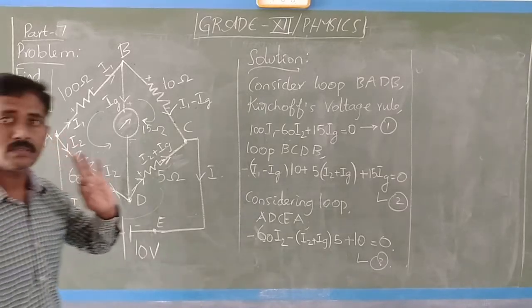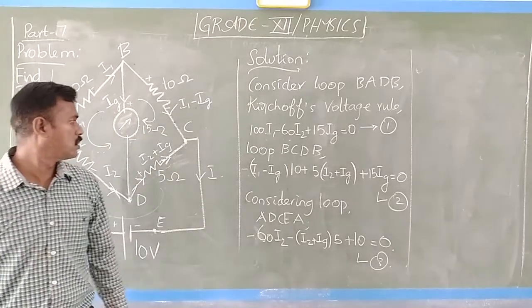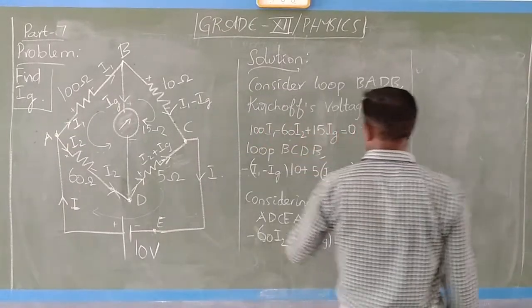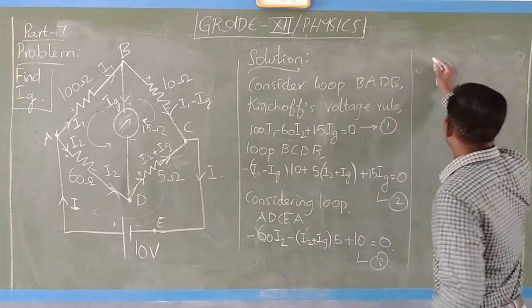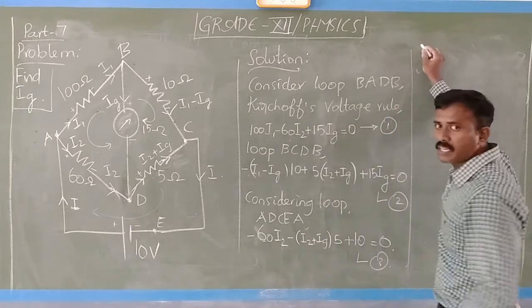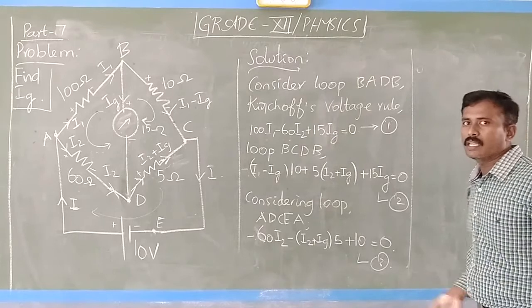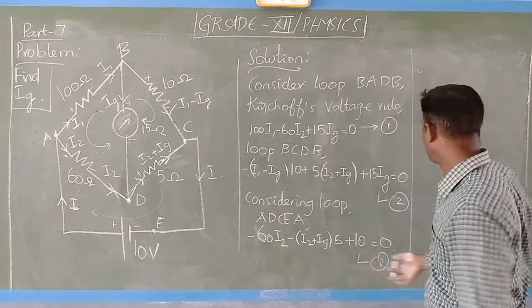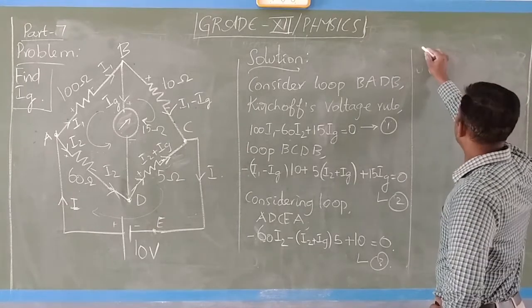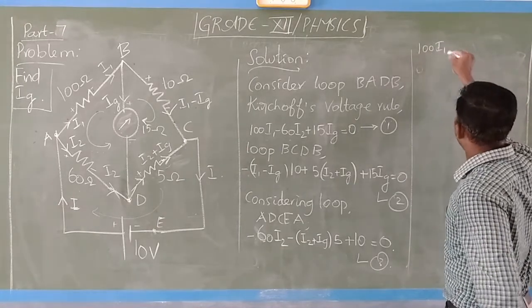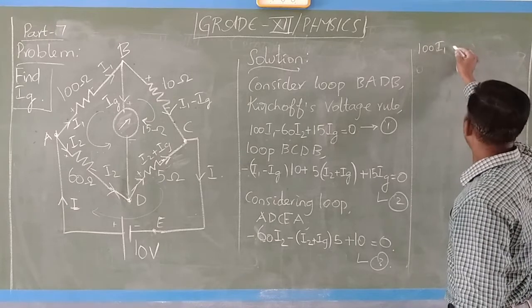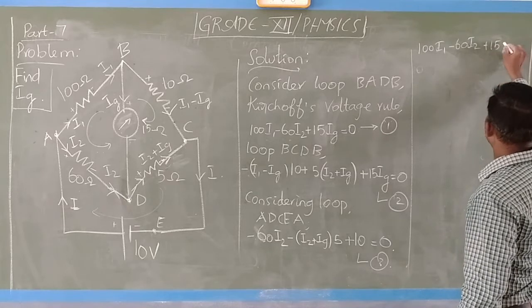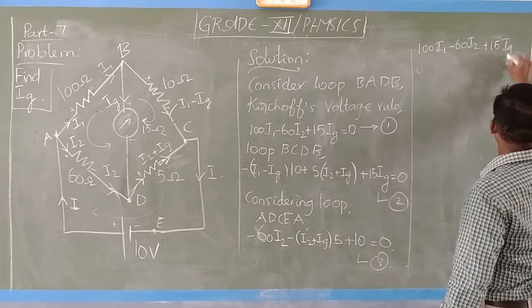So now you have 3 equations very clearly. I will rewrite the equations. Before I solve, you can try it by your mathematics. Equals to 0.